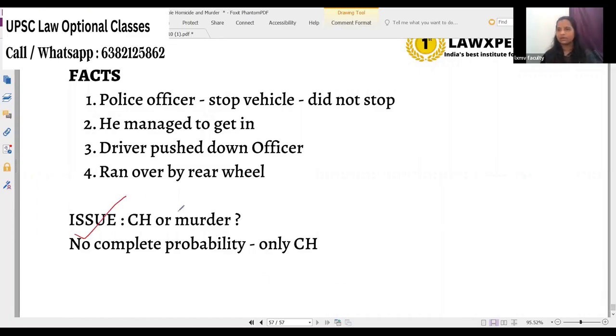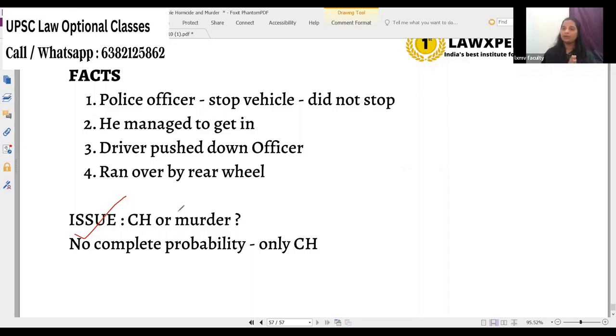Now the court went into all the facts and found out, rationally we know, right? If the police officer goes and sits only next to the driver, he'll be able to push him. And also, pushing him out of the vehicle, he doesn't know, he may be grievously hurt or something like that. Already the vehicle is moving at a very slow pace, and only then is the police officer able to get inside the vehicle.